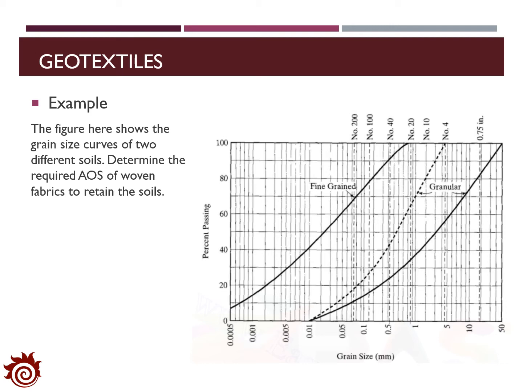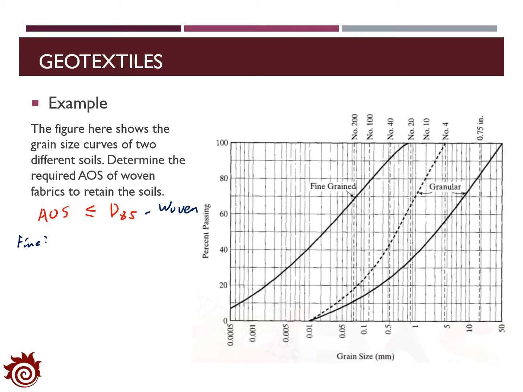So first, for the woven fabric, we will have the requirement that AOS is less than D85. This is only applied for woven fabric.